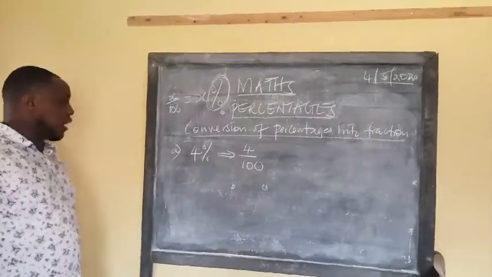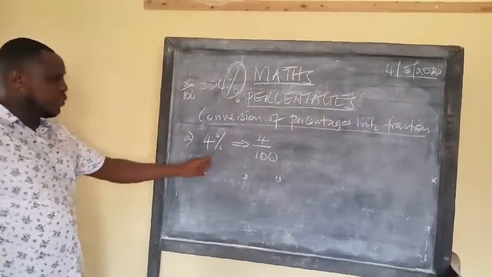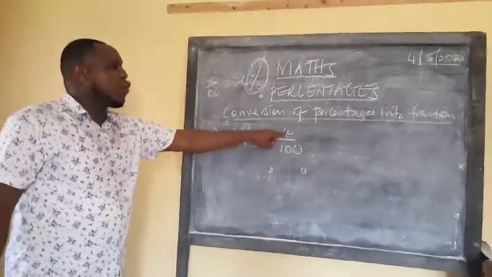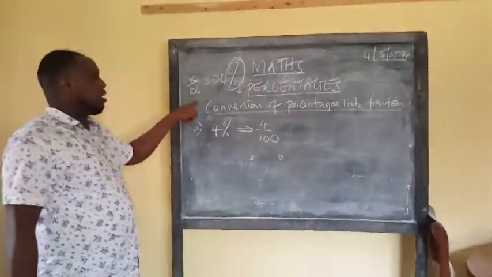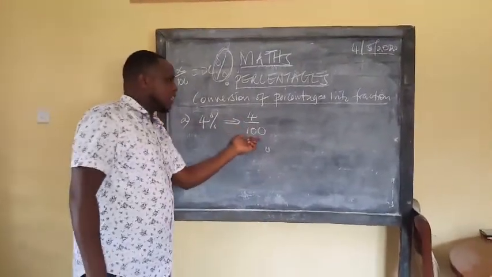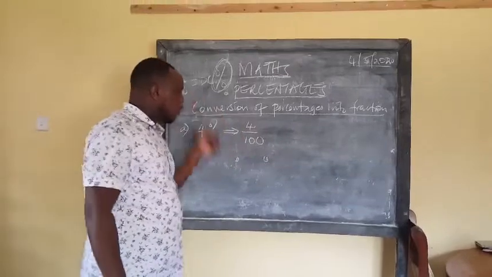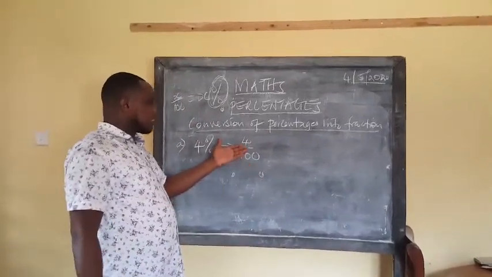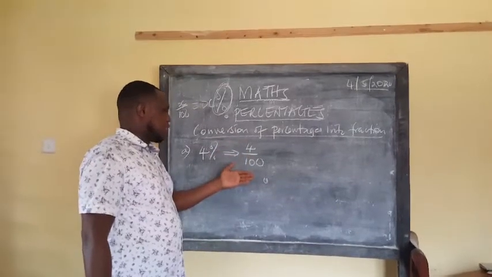So you are going to check the other form in which you can write 4%, and that is 4 out of 100, which is here. So we are going to move from this 4% to 4 over 100, so that you can be able to convert it into a fraction.